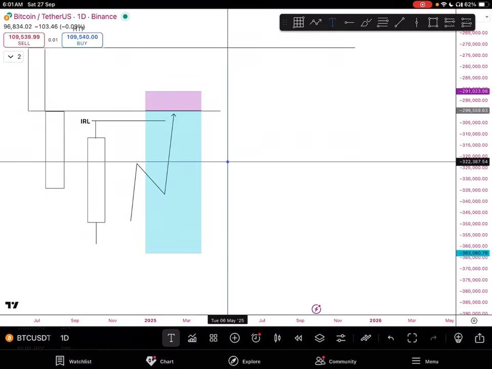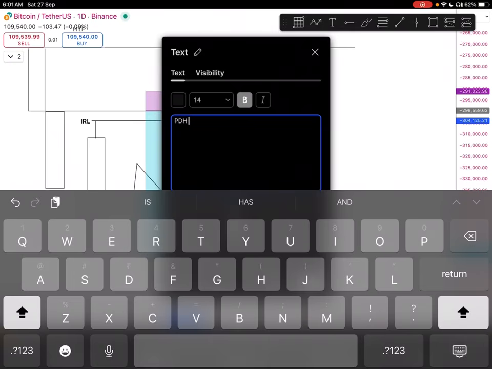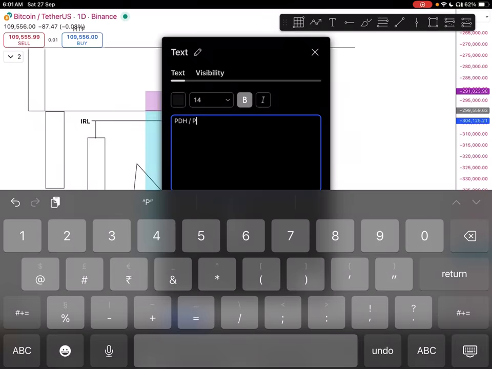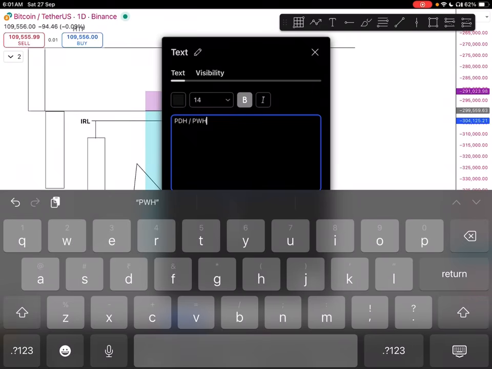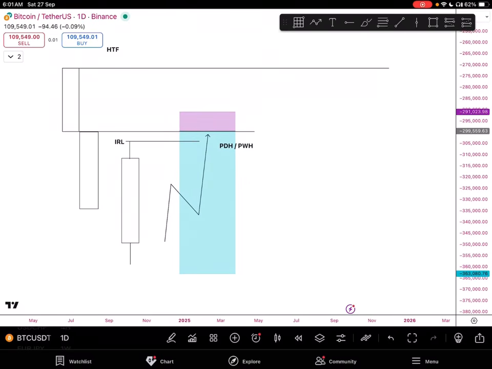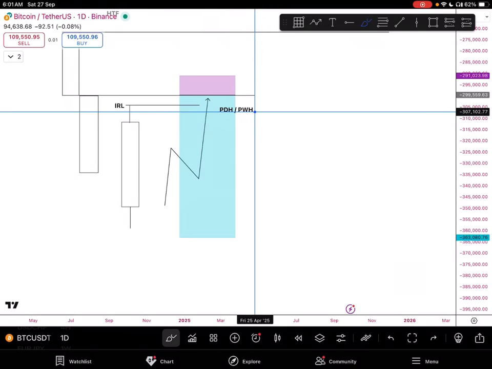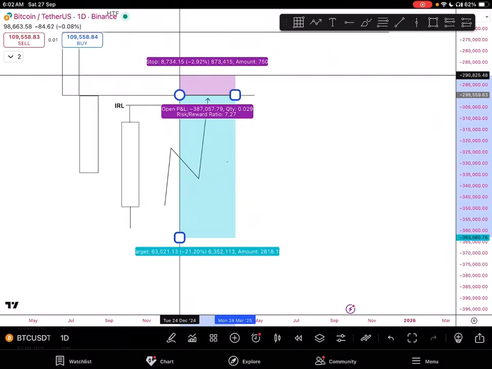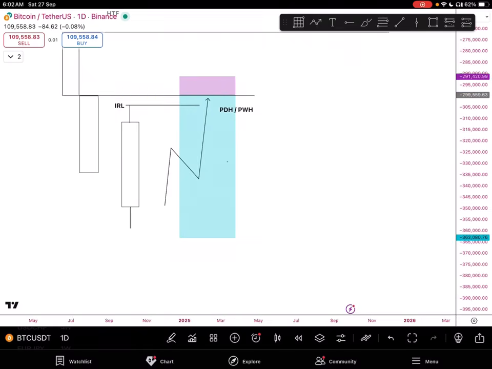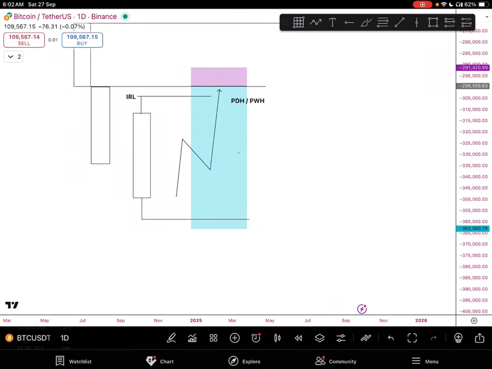Because this internal range liquidity is my previous day high or previous week high. I don't have any key levels nearby this liquidity. I have only one key level, which is this open close key level. So in this situation, I take a direct entry with a 20 pips stop loss. With the 20 pips stop loss, I target the external range liquidity like this.